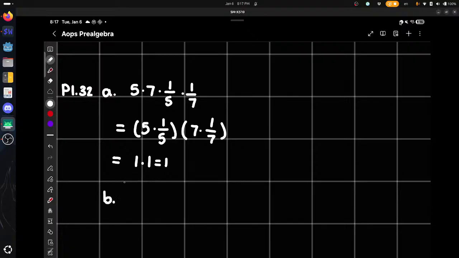B. Using part A, explain why the reciprocal of 5 times 7 is 1/5 times 1/7. Because 5 times 7 is 35, and times 1/7, which is really just 1 times, or 1/5 times 7, which is 1/35.